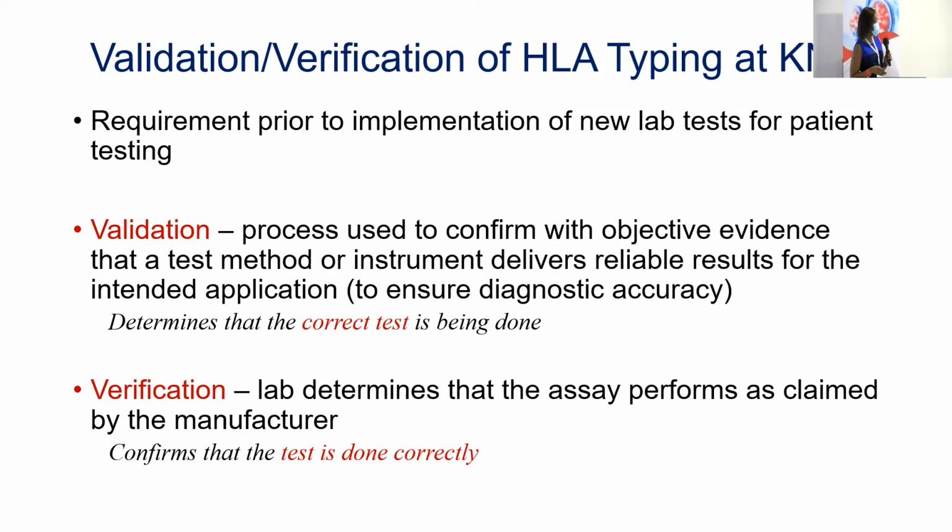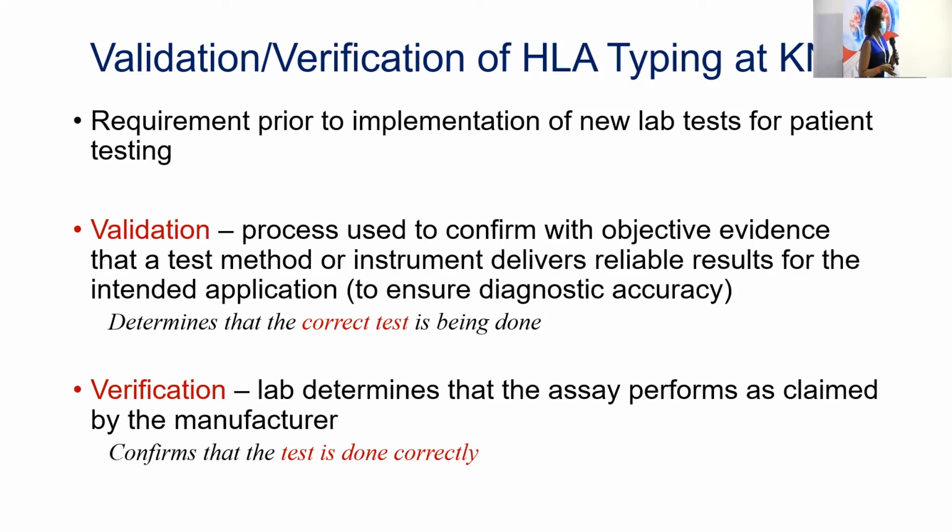For validation, that would be for a completely new test. For those of us using commercial reagents, we're not developing our own tests in the lab. Usually the manufacturer has already validated the test to give specific performance characteristics. And what you want to ensure is that this test is able to produce reliable results for the intended application, so you can make the right diagnosis using that test.